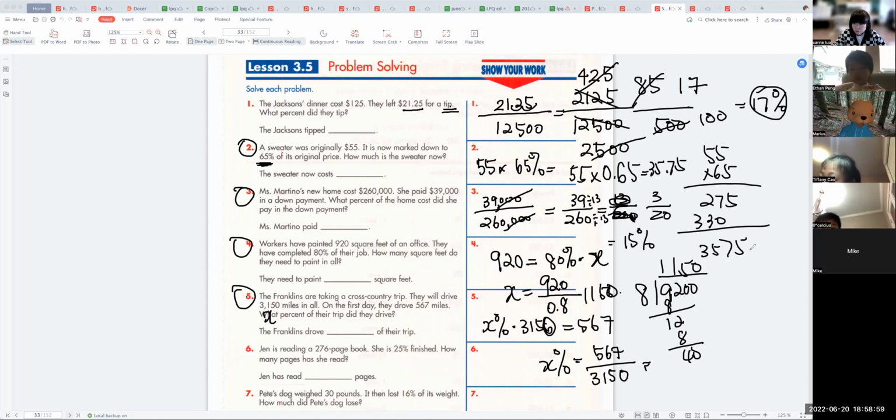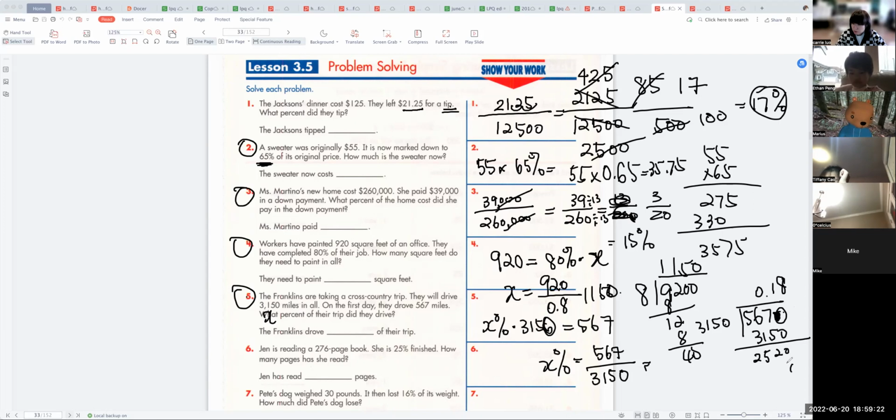Okay, so this one equals what, everybody? 567 divided by 3150. I add a 0 because it's not there yet. I'm going to try 8.